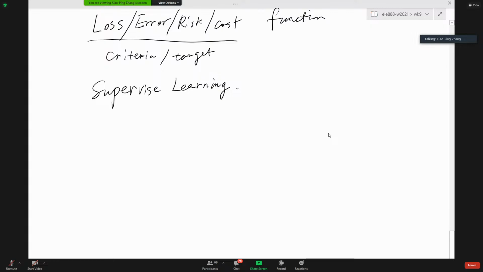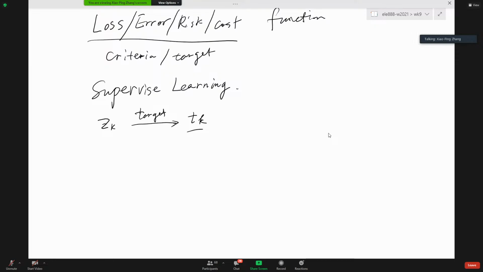Supervised learning means it's labeled. You have a target. Let's say the output is Z_k, but we want it to be T_k. Z_k is what we get, T_k is what we want, or your label.